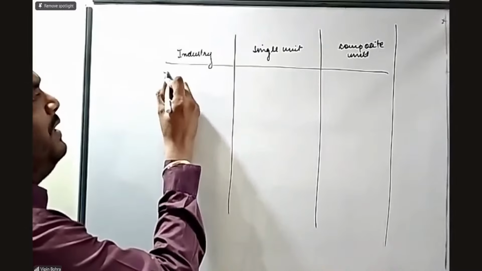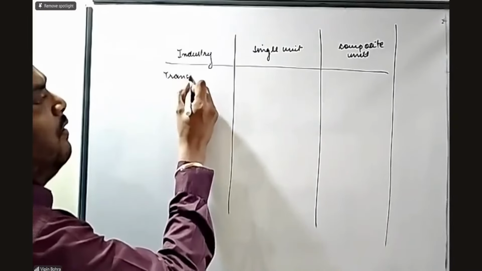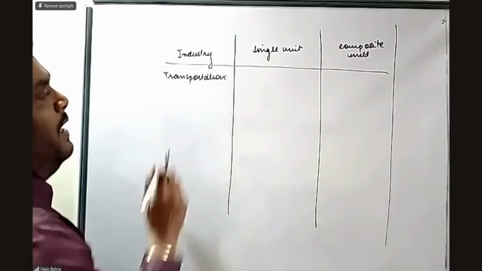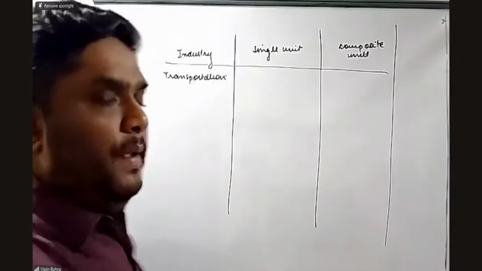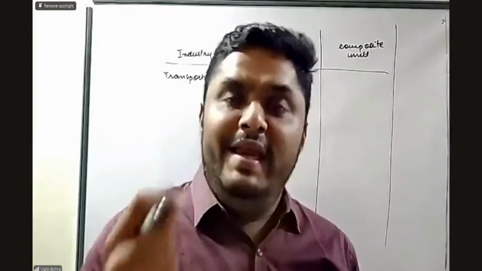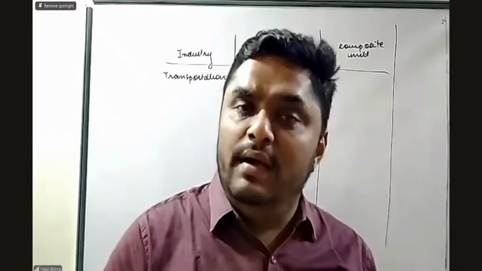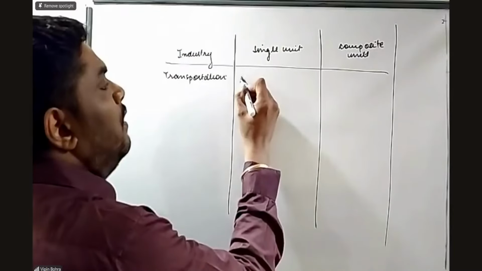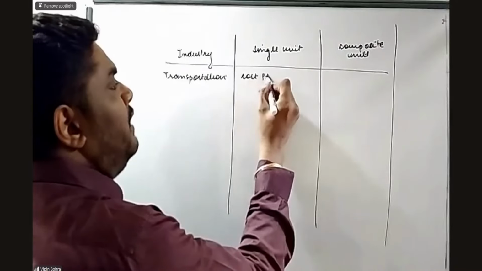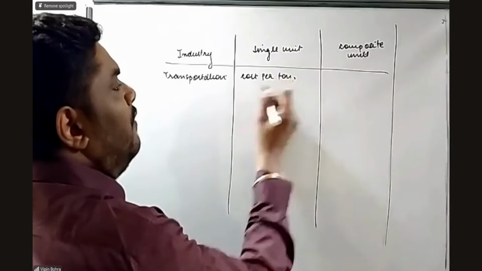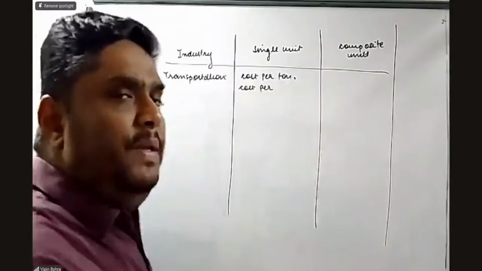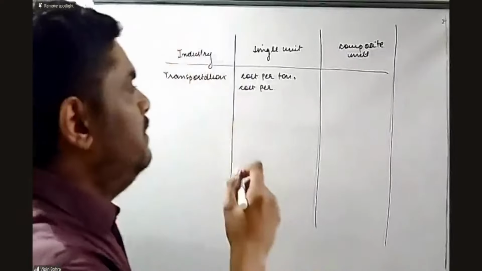When talking about the transportation industry, in single unit we can calculate cost per ton, or we can calculate cost per passenger. So the passenger will be the unit, the ton will be the unit.